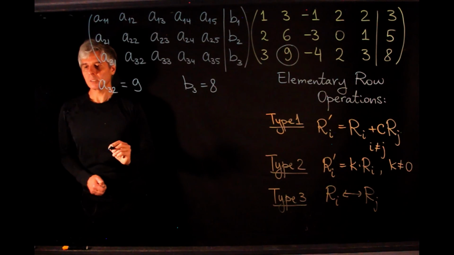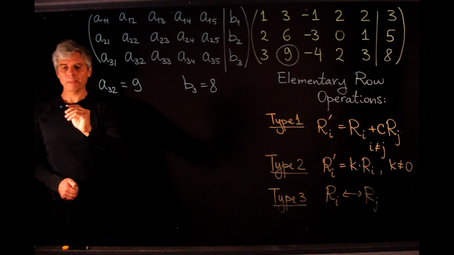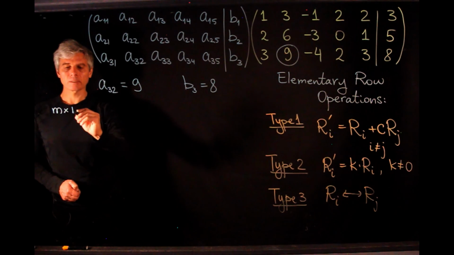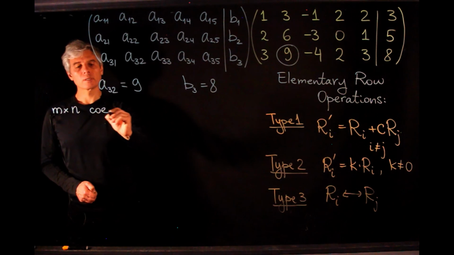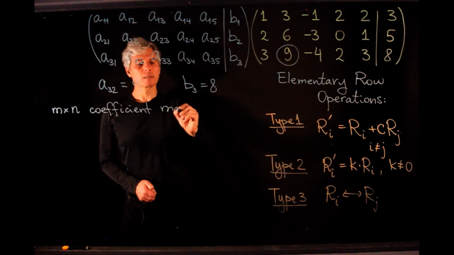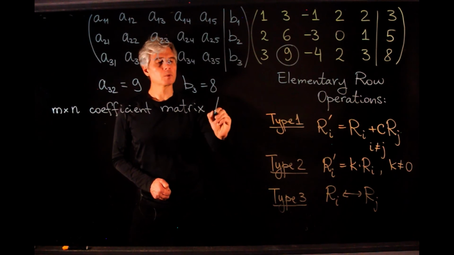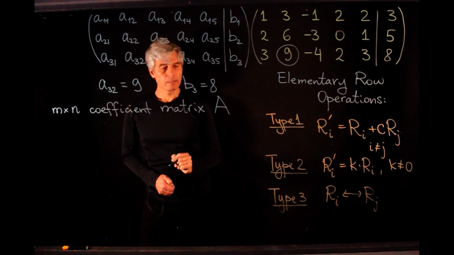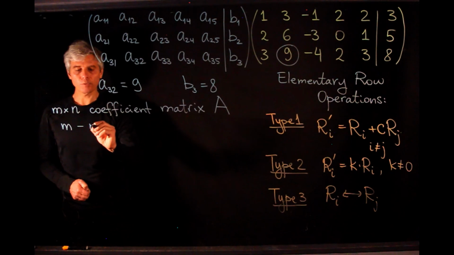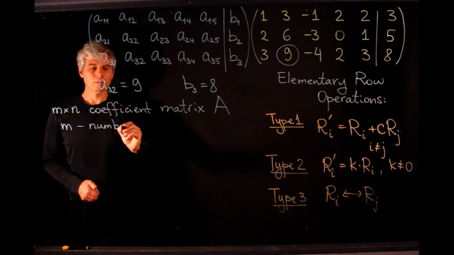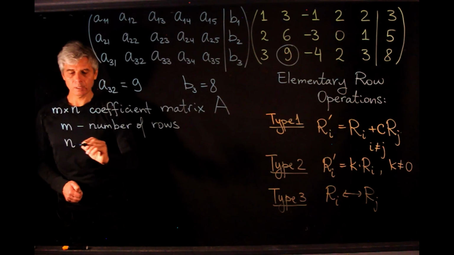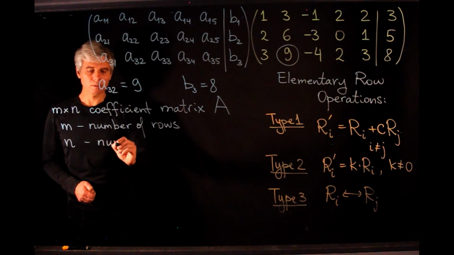So in general, we will denote the coefficient matrix as m by n coefficient matrix, and we'll call it A. So here m is the number of rows, and n is the number of columns.